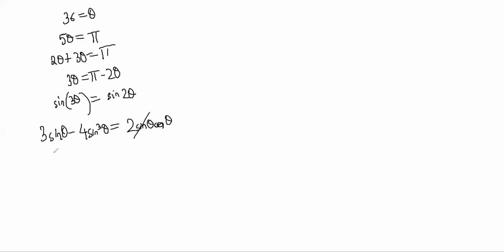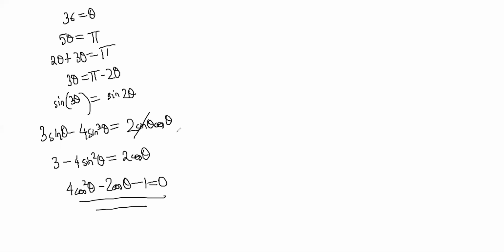Cancel the sine, becomes 3 minus 4 sine square theta is equal to 2 cos theta. Convert to a cos ratio, 3 minus 4 plus 4 cos square theta. So 4 cos square theta minus 2 cos theta minus 1 is our equation, right? This is the equation for cos theta, where theta is equal to 36.